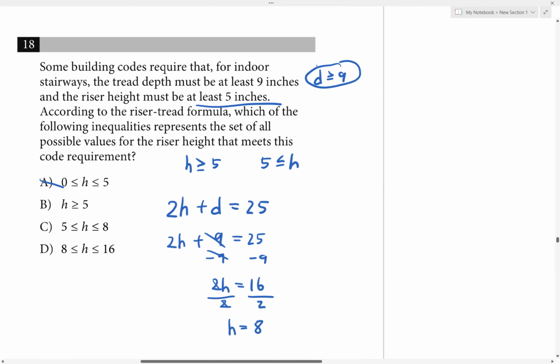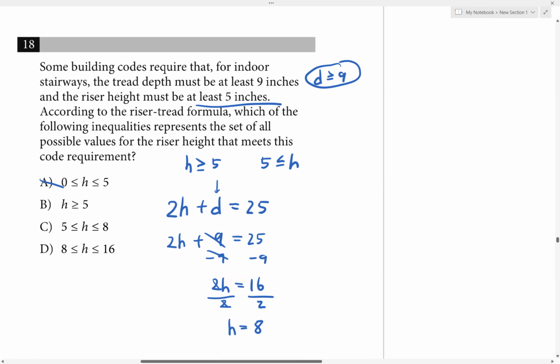But then remember, we said D has to be at least 9, so that means D could be bigger than 9. If D is getting bigger, you see the total is still 25. That's not going to change. So D is getting bigger and bigger. Then that means the h value will have to get smaller in order to get the same total.